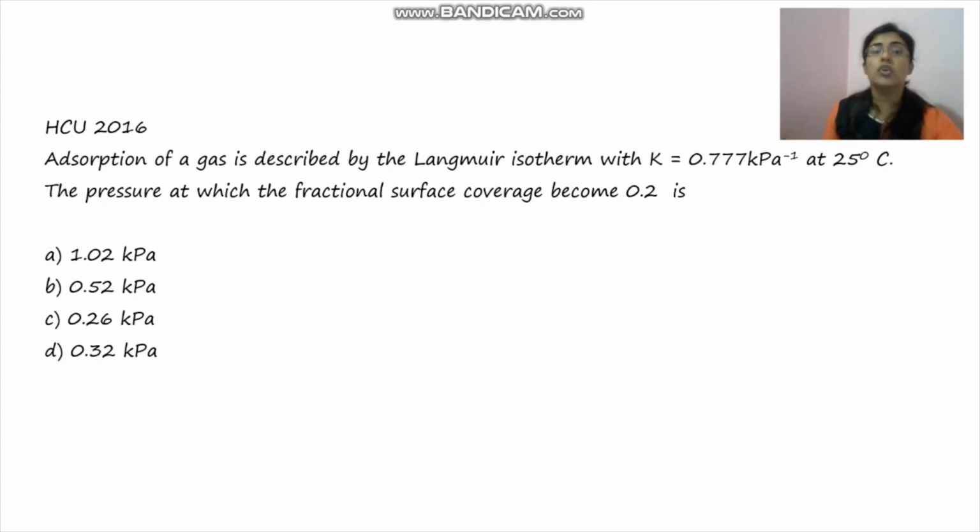So it's a Langmuir isotherm. They've given a K equilibrium value, and they have also given the surface coverage value, theta, and they are asked for the pressure. So K is given to be 0.777 and my theta is given to be 0.2. They've asked for the pressure.